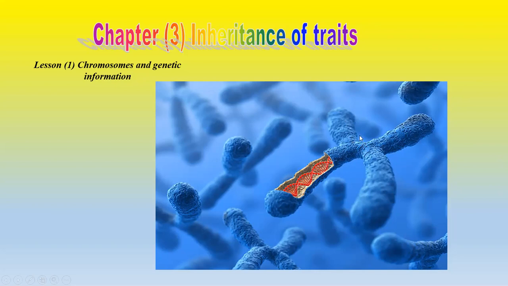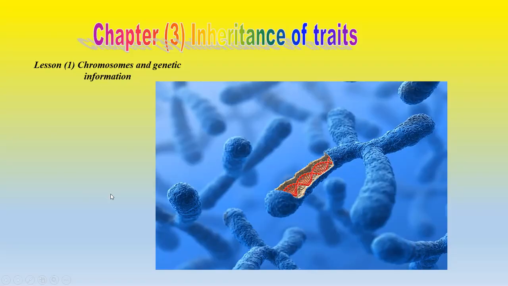The center is called the centromere, meaning two chromatids connected with each other by the centromere. The chromosome is formed of DNA, a nucleotide chain, coiled around histone protein. This is very important for transferring the hereditary factor.